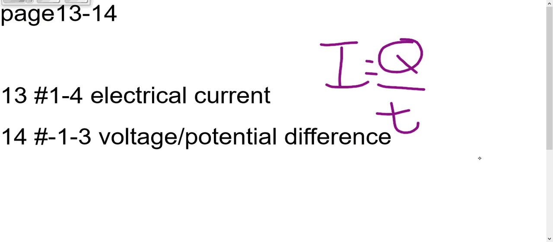And you're going to use that other formula, which is V is equal to E over Q, or whatever you can kind of solve to rearrange there. So that's what you're going to do today. And then I'm going to flip those mixed up problems on page 15 and 16 into tomorrow as well. I hope that's helpful.